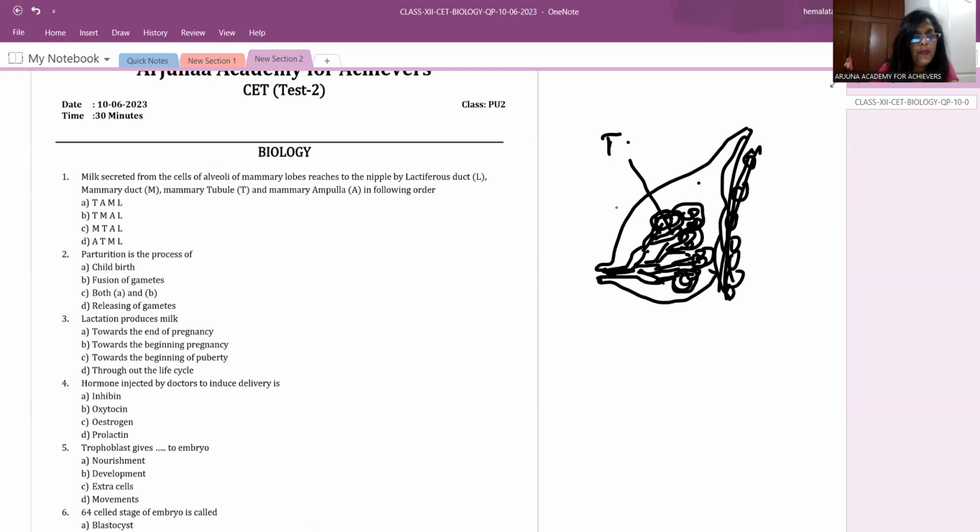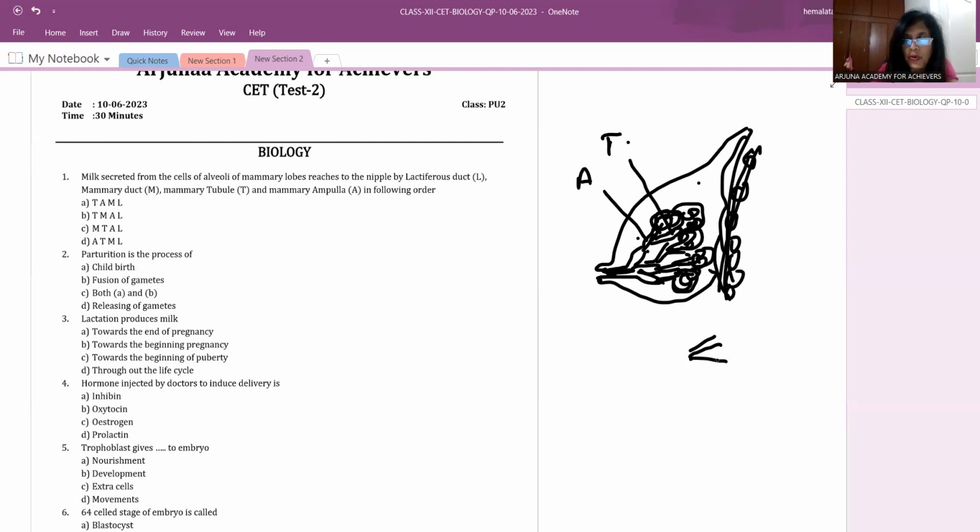Then it leads to the next one, the ampulla. TA has come. I'll show you further branching. First is what we call the mammary tubule.